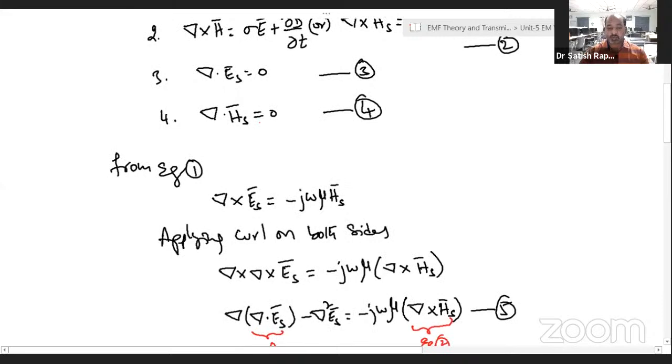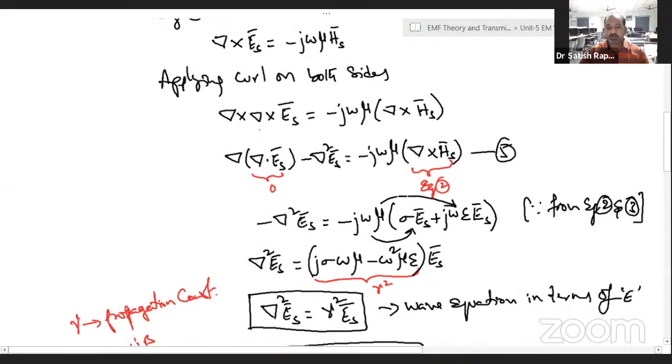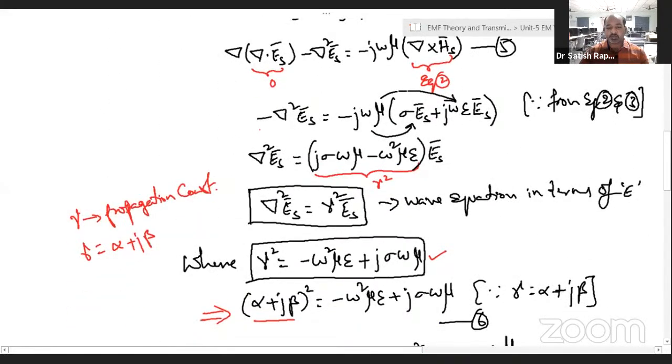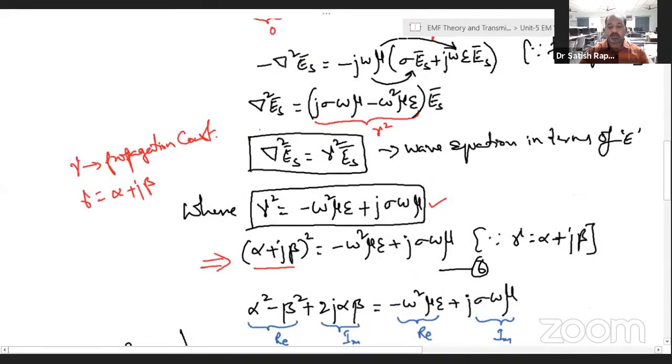Taking equation 1, applying curl on both sides, and simplifying, we get the wave equation, right? In the wave equation, gamma is one parameter which is called the propagation constant. So gamma square is equal to minus omega square mu epsilon plus j sigma omega mu. That is the expression for propagation constant, right?